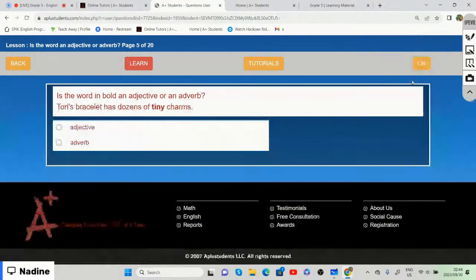And then Tori's bracelet has dozens of tiny charms. So tiny tells us about the charms. Is that an adjective or an adverb?